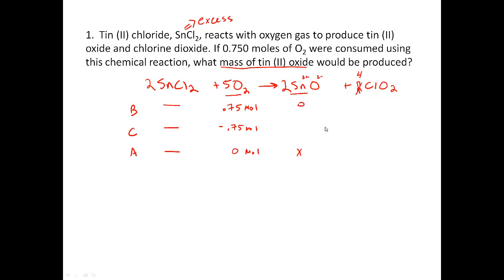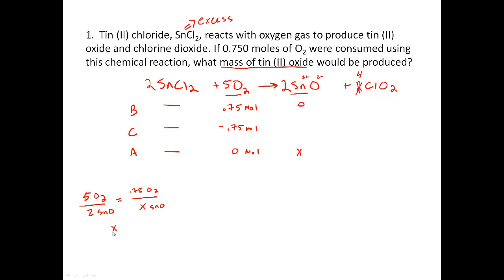Okay? So if my ratio, I'm going to put this down here, 5 oxygens and 2 SnOs. If I start off with 0.75 moles of oxygen, how many SnO am I going to make?